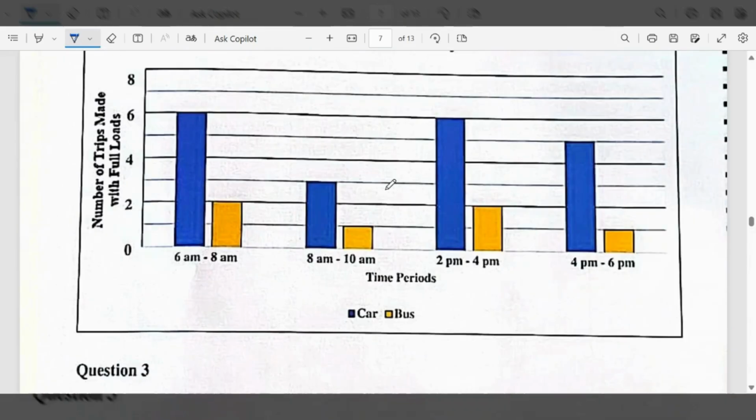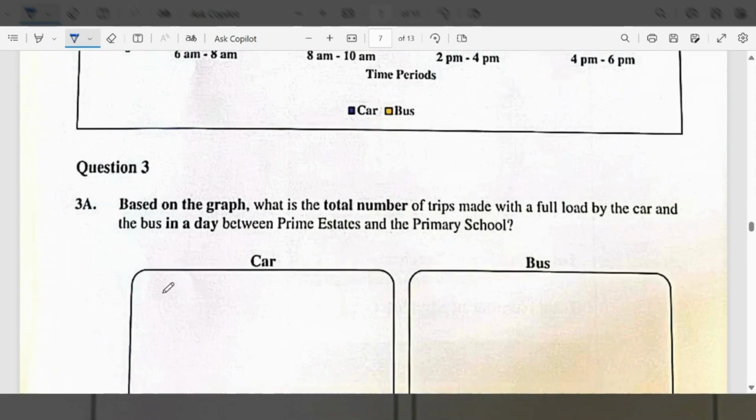So when we look at the label, the car is blue and the bus is yellow. So there are 6 trips between 6 a.m. and 8 a.m. So let's write that down.